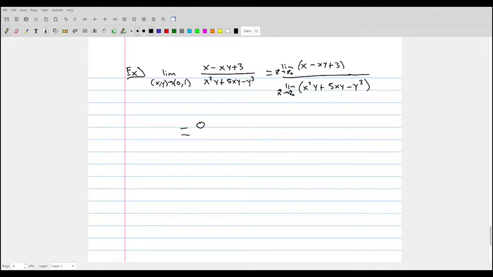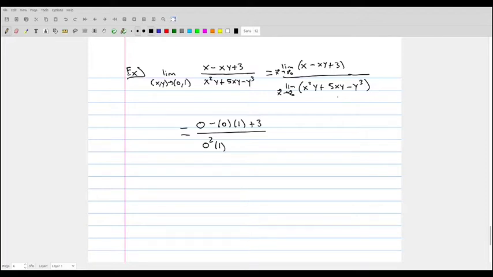The limit as (x, y) goes to (0, 1) of x is 0, minus 0 times 1, plus 3, divided by zero squared times 1.